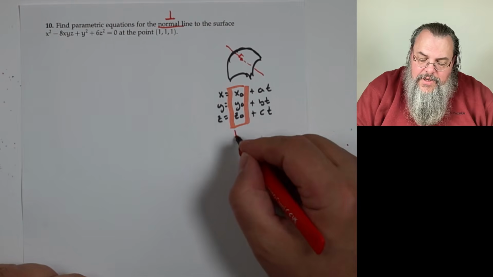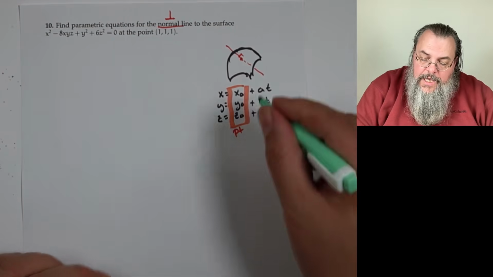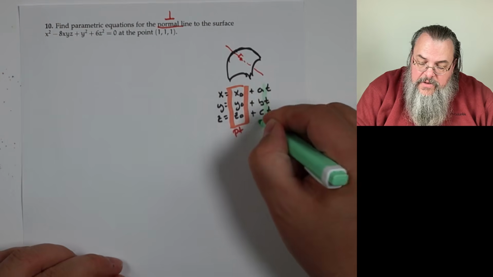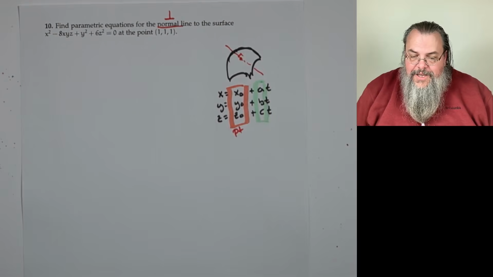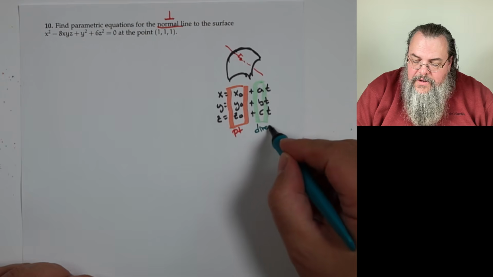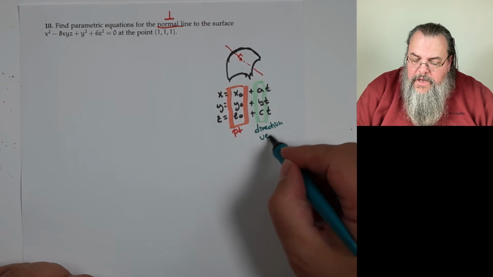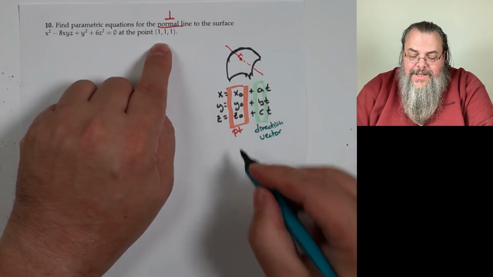Any point will do; we just need one. And on the other hand, the a, b, c is the direction vector. So we have to find those two pieces. The point is given to us.